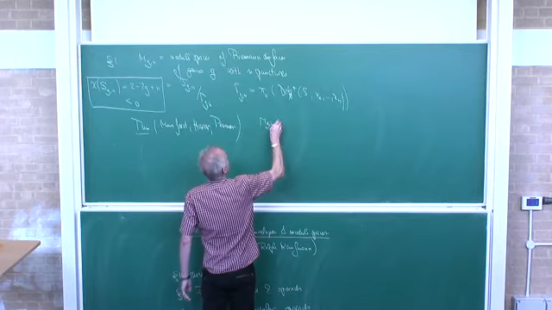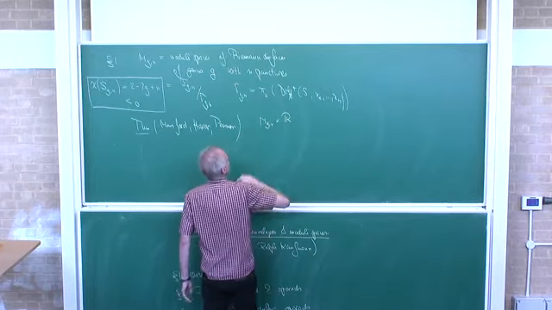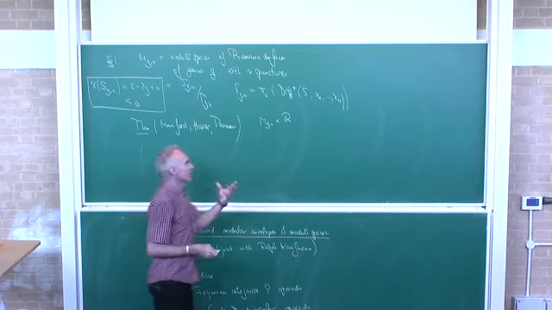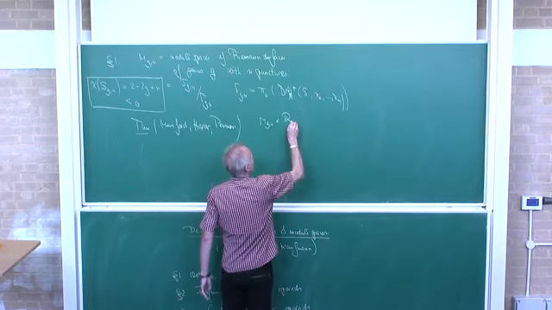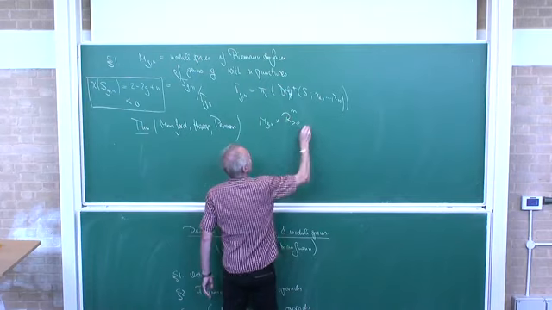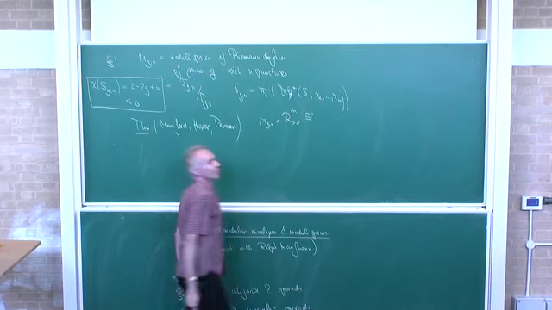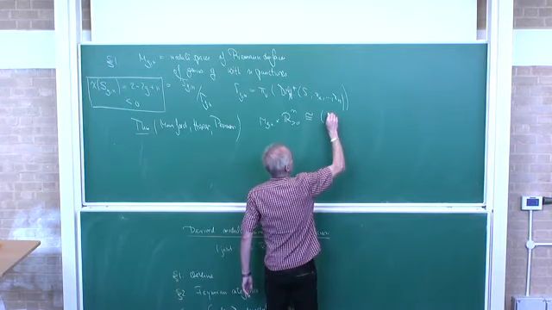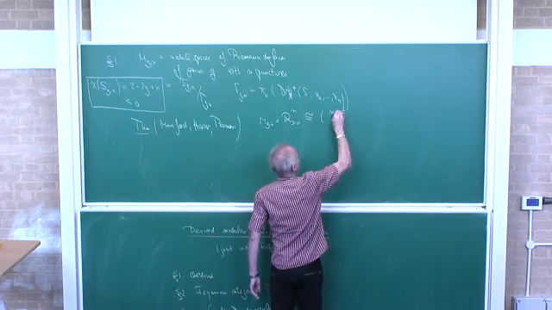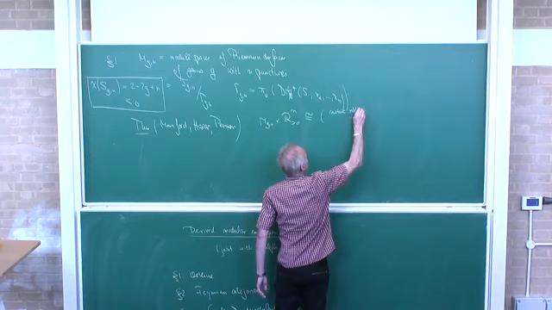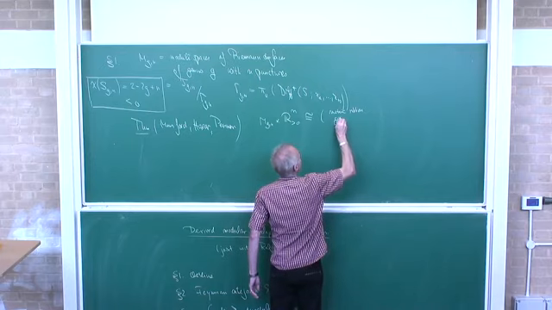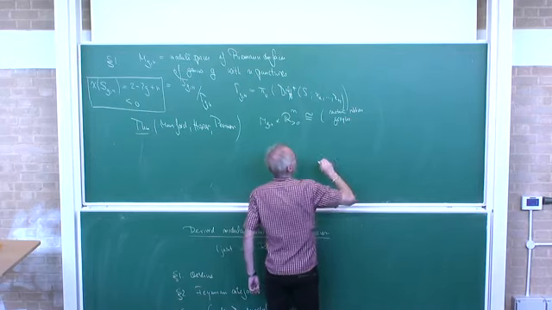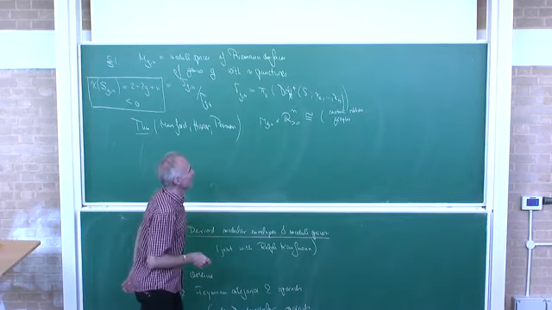So if you add some weights for the punctures, positive weights, then you get a space which is homeomorphic to the space of metric ribbon graphs which satisfy a certain stability condition.